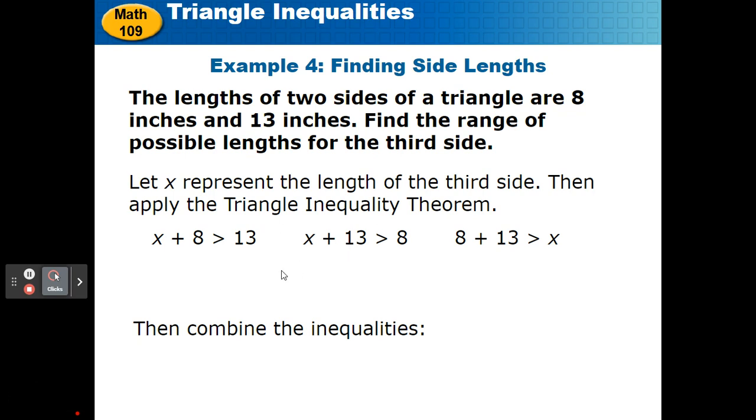So I'm going to throw this one out. So x has to be greater than 5, and x has to be less than 21. Remember, I always have to have positive values for the sides of my triangle. So that one where I have x plus 13 is greater than 8, really not helpful. So my value for x is going to be in between 5 and 21, not inclusive.